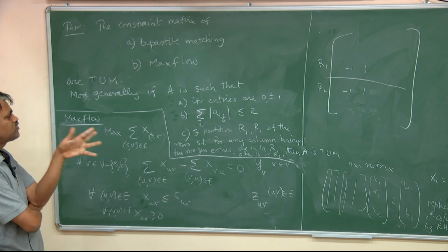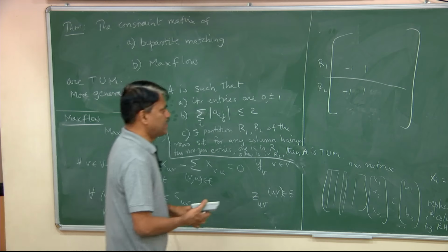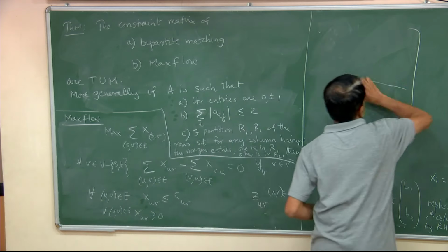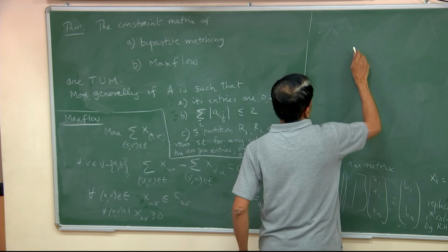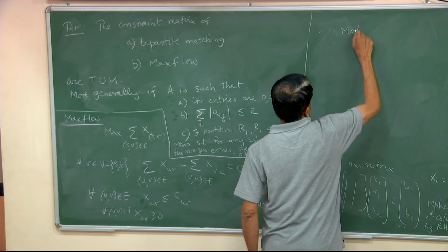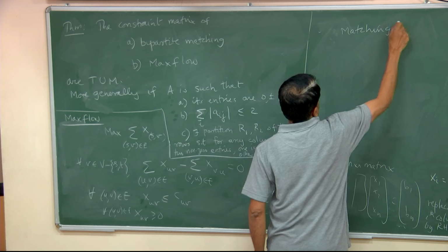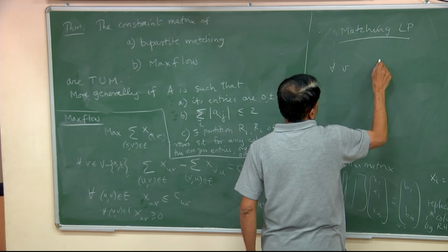Okay, at least for bipartite matching. Max flow, I think, is even simpler. So, what is a constraint matrix for matching? For every v, what do we say?